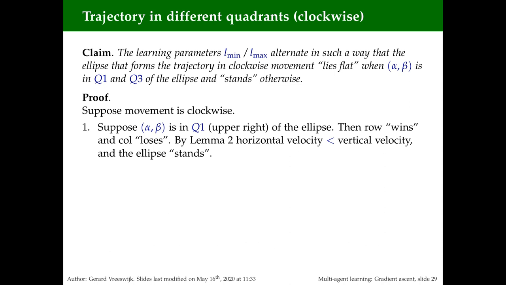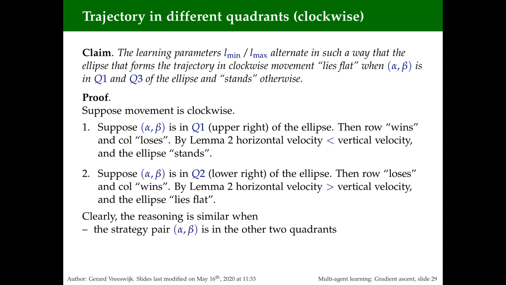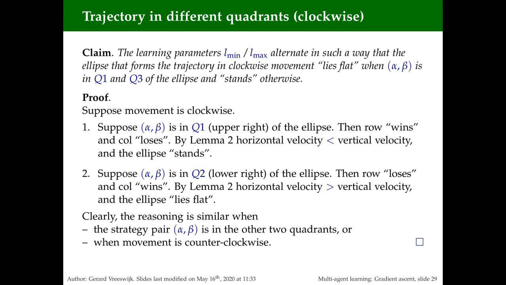That means that the horizontal velocity is smaller than the vertical velocity and the ellipse stands. And similarly, if the strategy pair is in the second quadrant, the ellipse must lie flat. And there clearly the reasoning is similar if the strategy pair alpha beta is in the other two quadrants, or when the movement is counterclockwise, it's the same reasoning. So this proves the claim. So that's all there is to it.